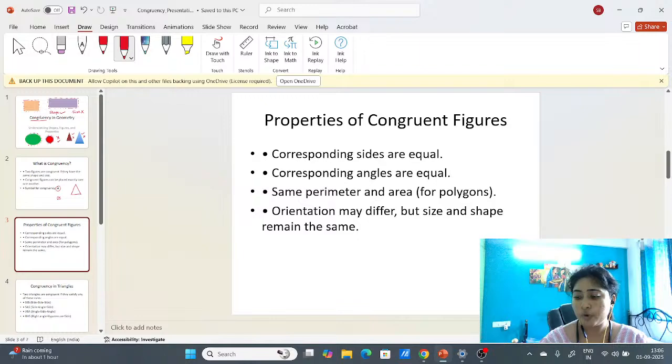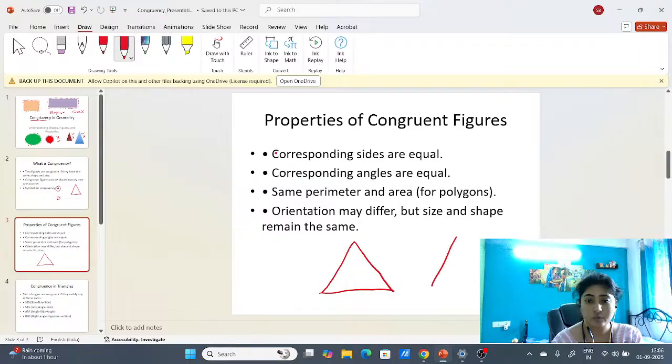Properties of congruent figures. We are going to discuss the properties of congruent figures. Corresponding sides are equal if we have two congruent triangles. Then what are the properties they will have?